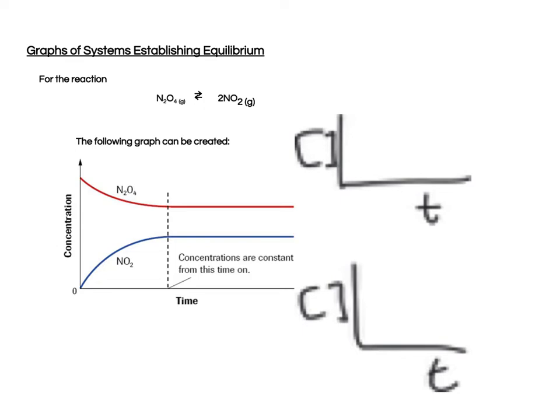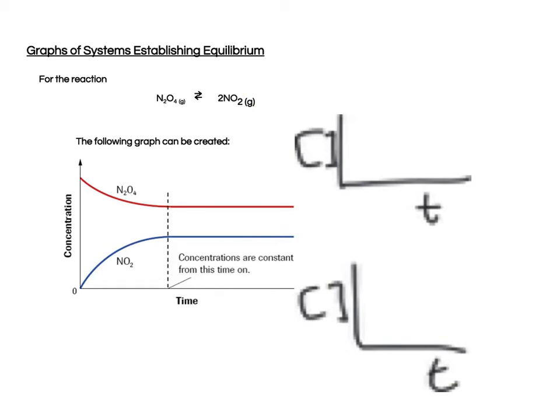So we can say that this reaction favors our reactants because we still have a higher amount of reactant at the end of the reaction, once equilibrium has been established, relative to the amount of NO2. And so this reaction would have gone less than 50%.